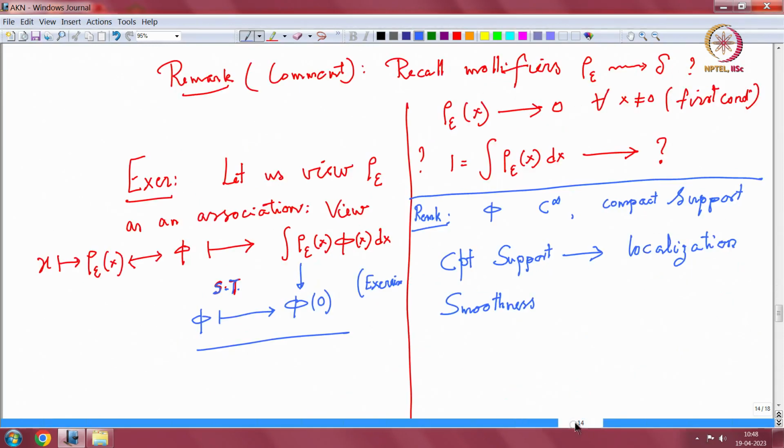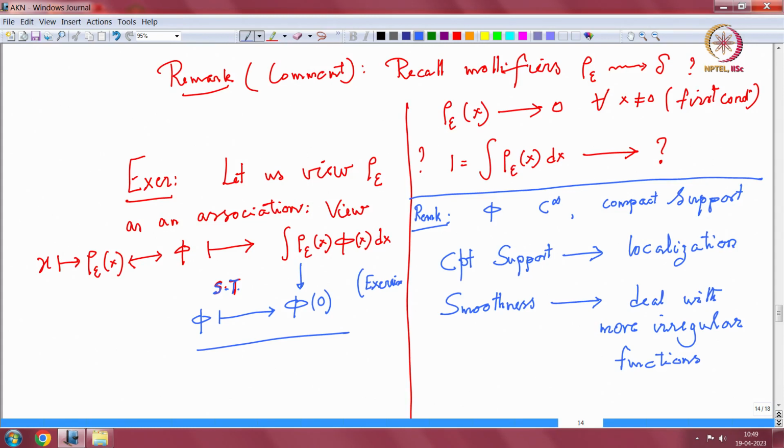The smoothness is basically to deal with more and more irregular functions, so you are putting more irregular functions in your test function class. These are the two important properties you need to have in your association.